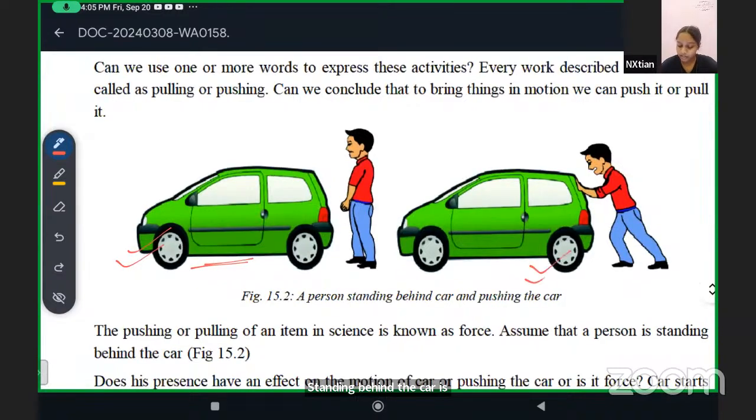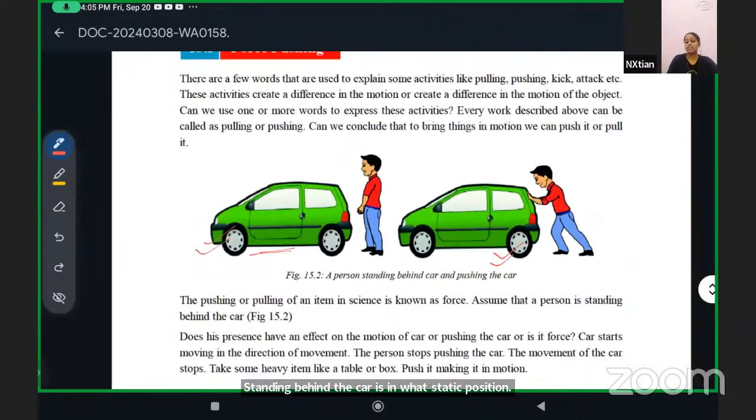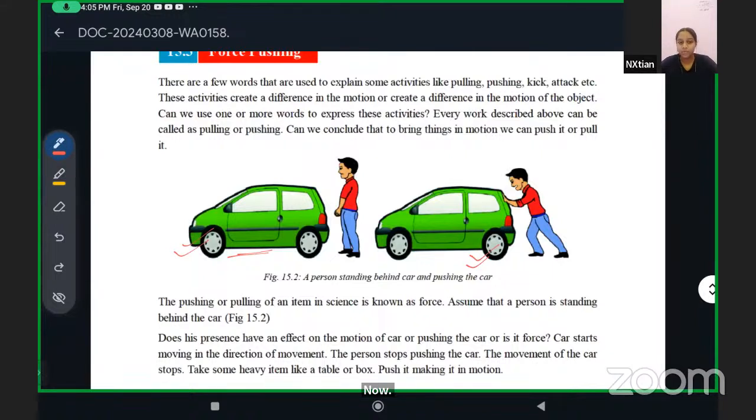Now, in the second image, a person is pushing the car. So the car which was in a static position before will move. Is it moving on its own? No, it's not moving on its own. The person standing behind it is pushing it, so then it's moving.